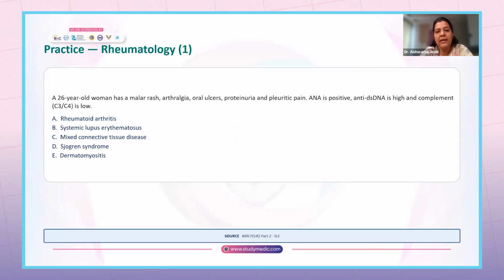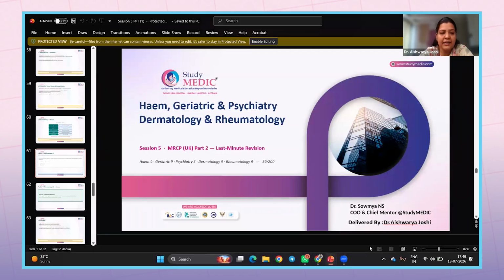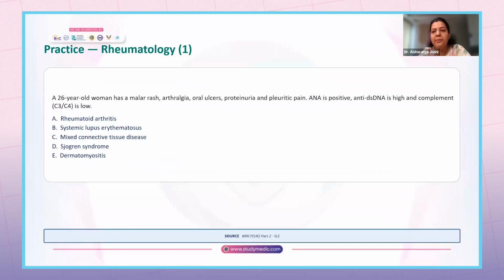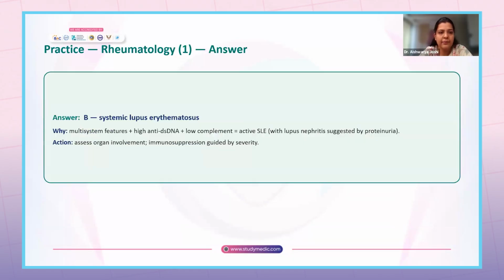A 26-year-old woman with malar rash, arthralgia, oral ulcers, proteinuria, and pleuritic pain. ANA is positive. Anti-dsDNA is high and complement is low. It indicates clearly SLE.